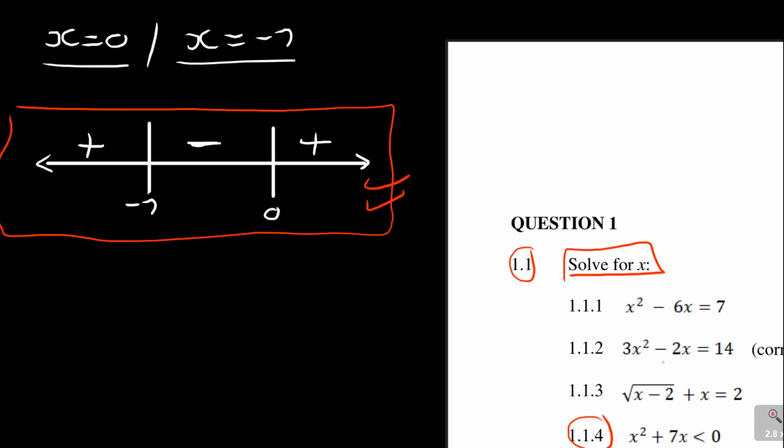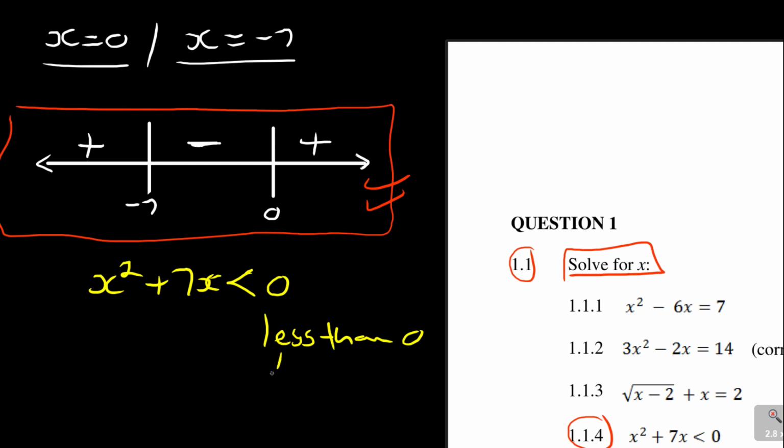Now, let's bring the question back again. It said what? x squared plus 7x is less than 0. Now, you need to understand what the word less means. If something is less than 0, what are the numbers that are less than 0 or smaller than 0? Another word for less is smaller than.